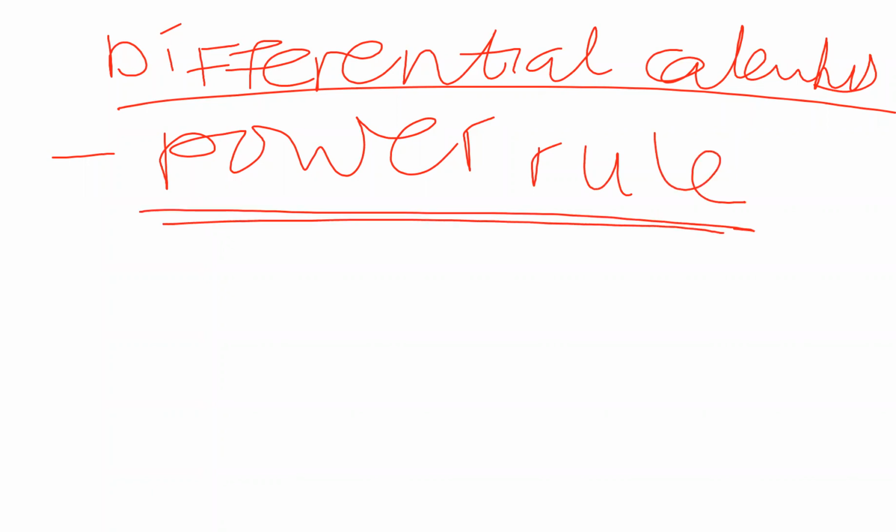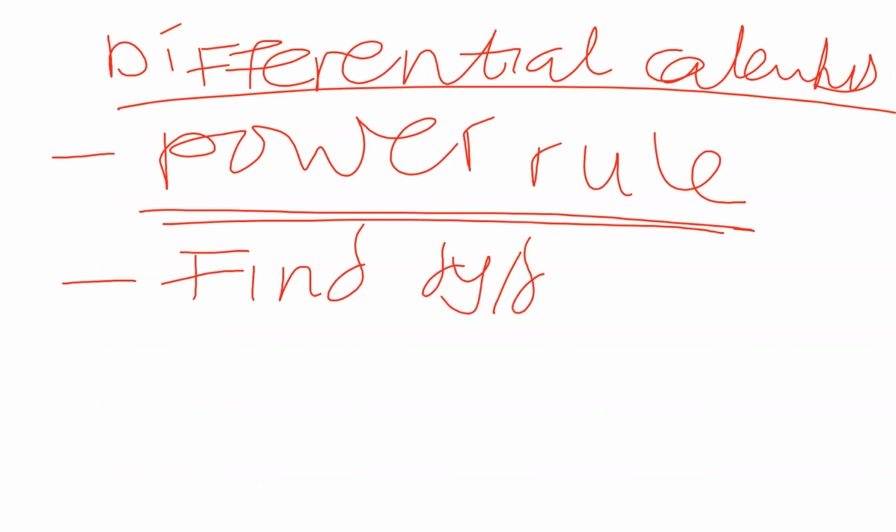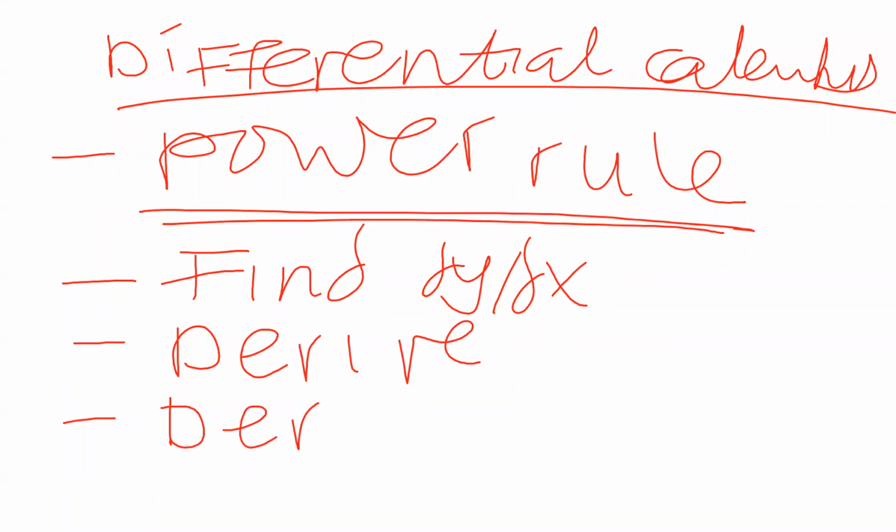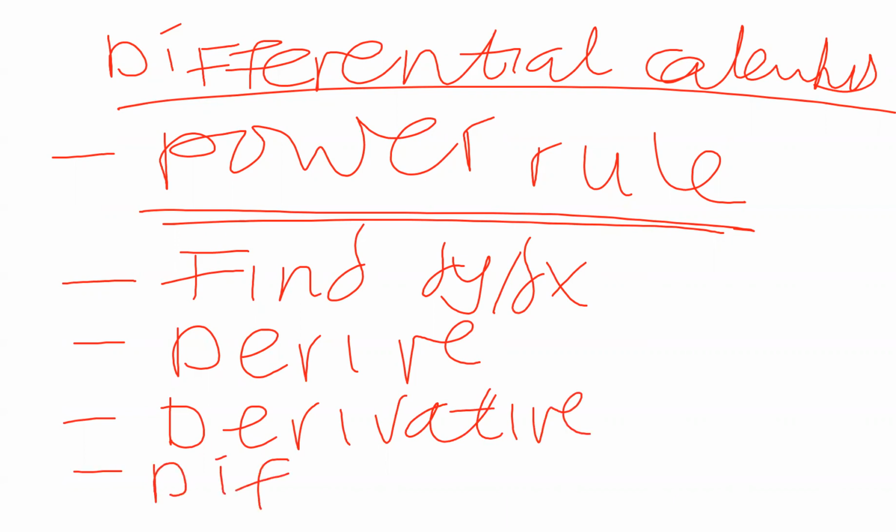The first thing that you need to understand is the commanding words that we have in differential calculus. Number one, you are told to find dy over dx. You're told to derive the equations. You're told to find the derivative, or you're told to differentiate.